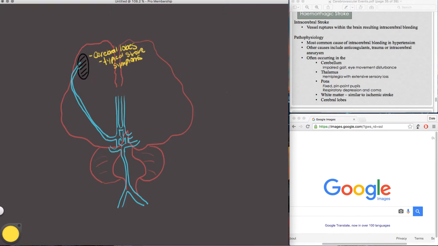If we look at our other areas that can be affected, the basal ganglia is very commonly affected in an intracerebral bleed. The basal ganglia is an internal portion of brain structure. If I have hemorrhage from one of the arteries supplying the basal ganglia, and I start to have ischemia and decreased perfusion to my basal ganglia, I'm going to start to have very specific symptoms.